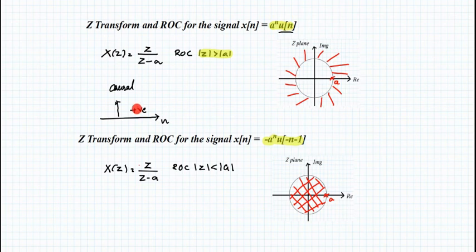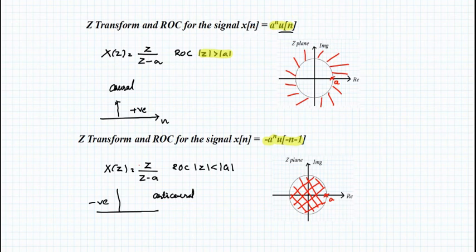And here you can see it is u of minus n minus 1, which is an anti-causal signal, meaning it exists only in the negative side. So in both cases, it's a standard question, you need to remember the result.